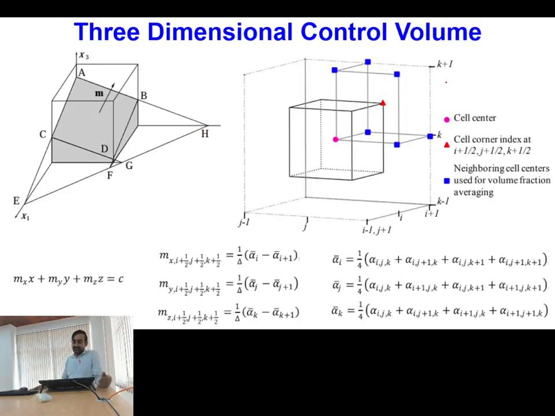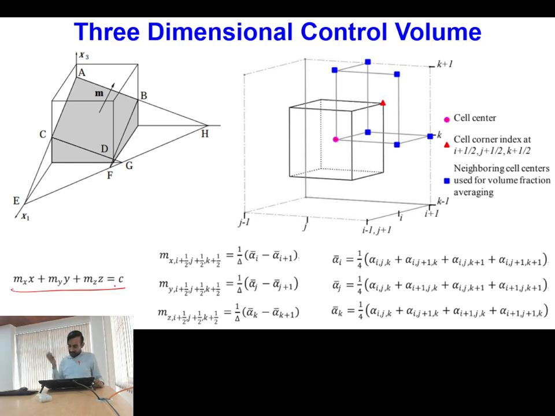Now you can see the extension of the same for a 3-dimensional control volume. Of course, I am not going to explain this, but this is a hexahedral control volume, and whatever is placed here becomes a plane segment. Whatever lies in 2 dimensions becomes a plane segment in 3 dimensions. This is the representation of a plane segment, and this is the equation of the plane.